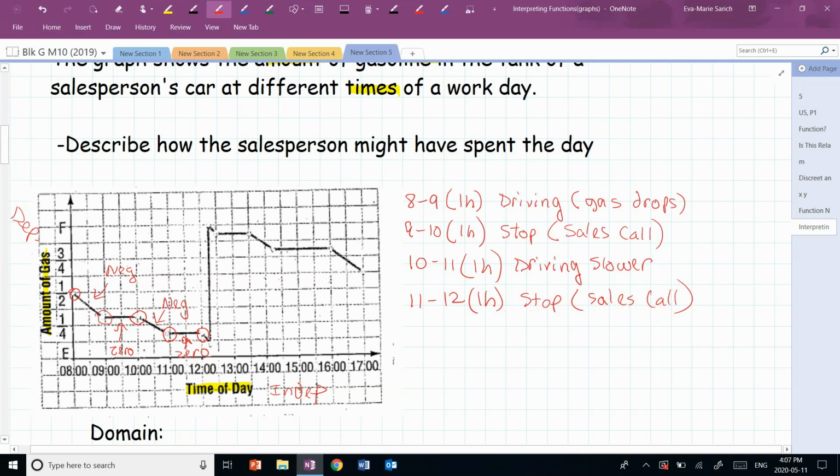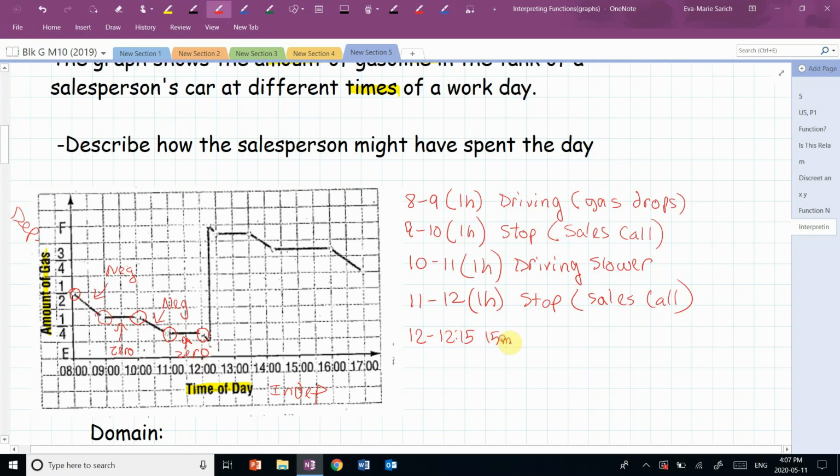And then we see a little bit of a drop from about 12, this is 12:30, so they've driven maybe for 15 minutes. So somewhere between 12 and 12:15, right?